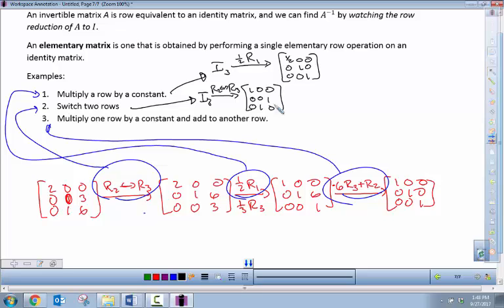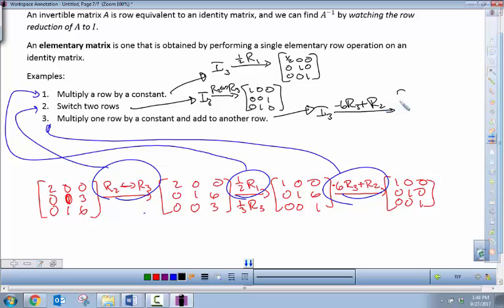Exactly. And then the last one, multiply one row by a constant and add it to the other. So let's take our identity matrix, and let's multiply the third row by -6, and let's add it to the second row.